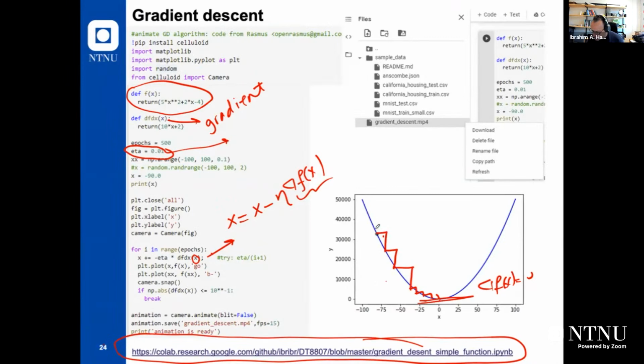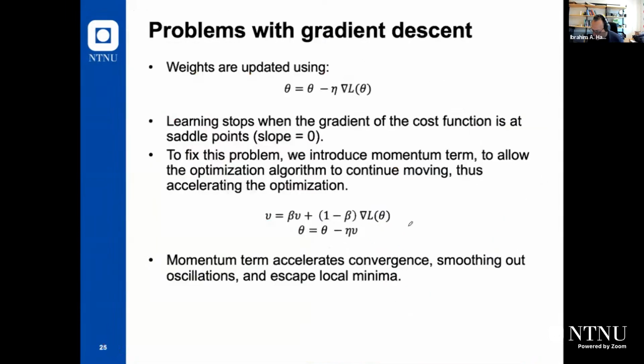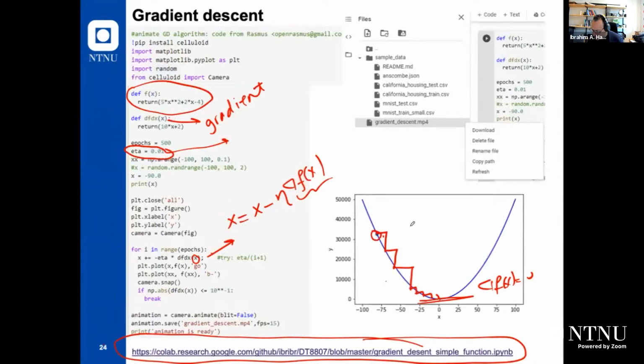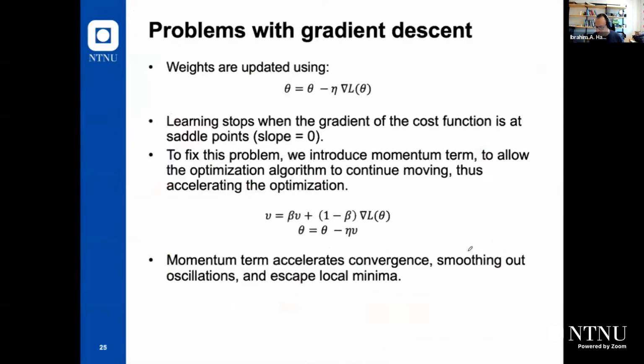This is my green point, the starting point, and it will go down step by step. We start from some point, and it will go down until we reach that location where x is minimum. So this is x star, which will minimize my function. I will open the code so we can run it together also.